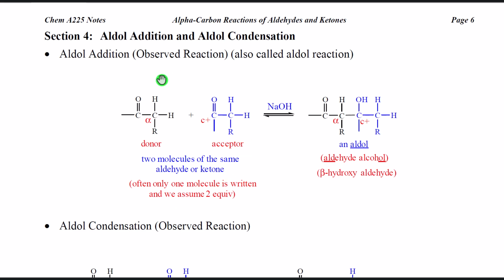One confusing thing about this reaction is that often, instead of writing a molecule of the donor and a molecule of the acceptor, just one molecule will be written, since the donor and the acceptor are technically the same molecules. In that case, you would only have one of these written, you would have the conditions, and you would be expected to assume that even though only one molecule is written, we have two molecules reacting.